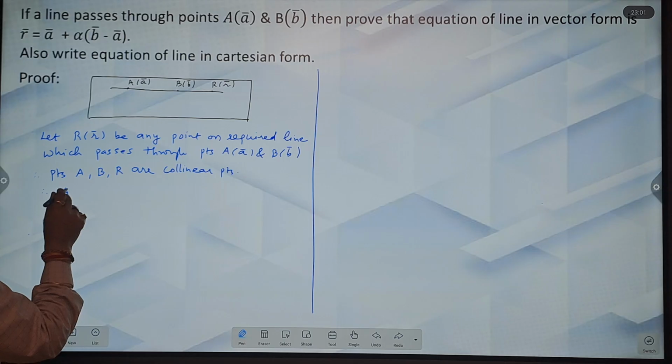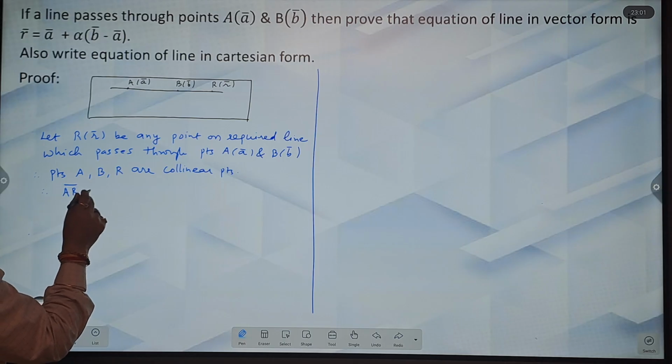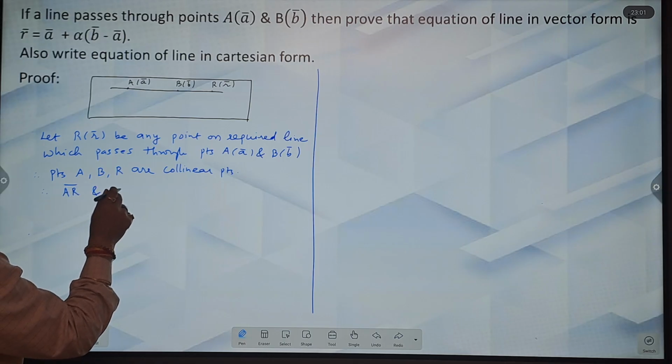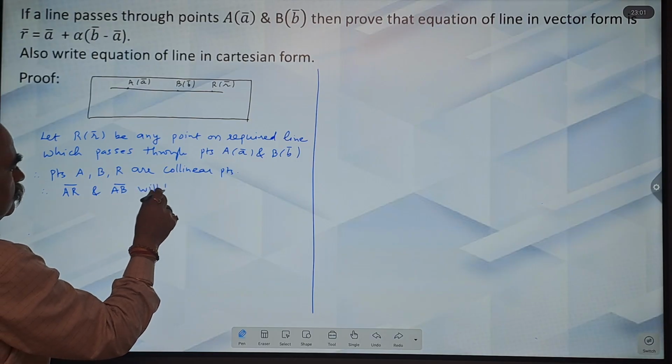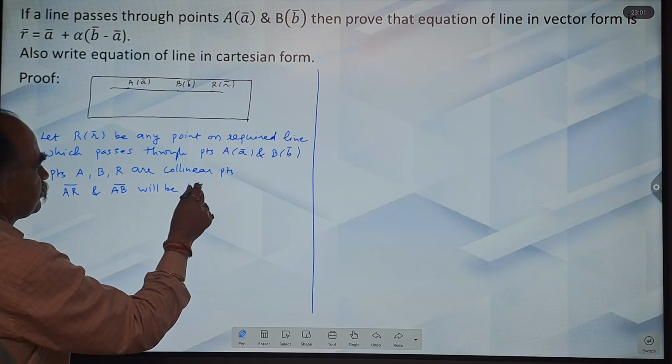Therefore, AR bar and AB bar will be collinear vectors.